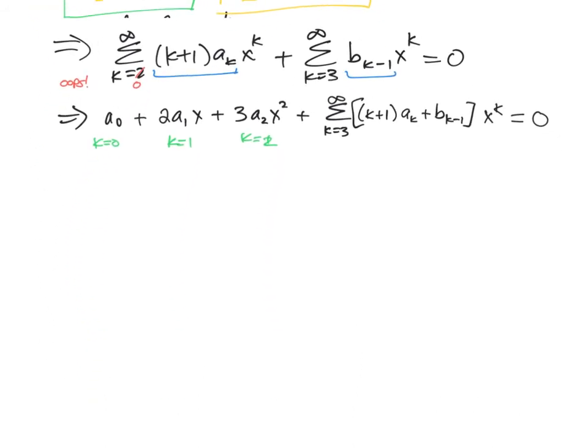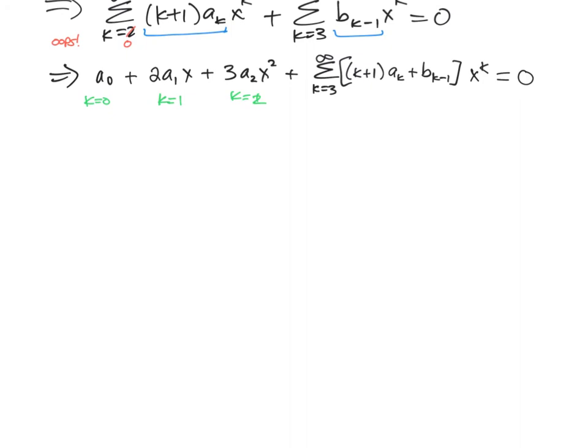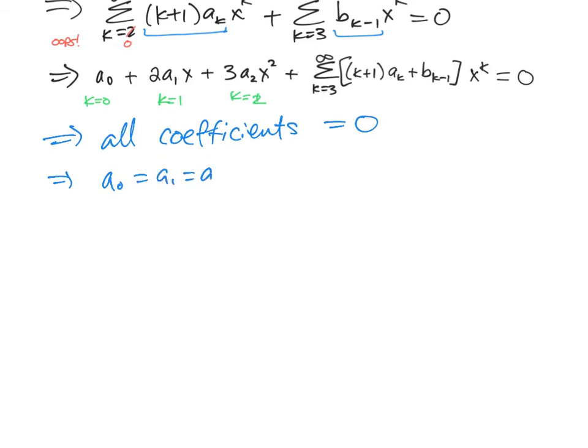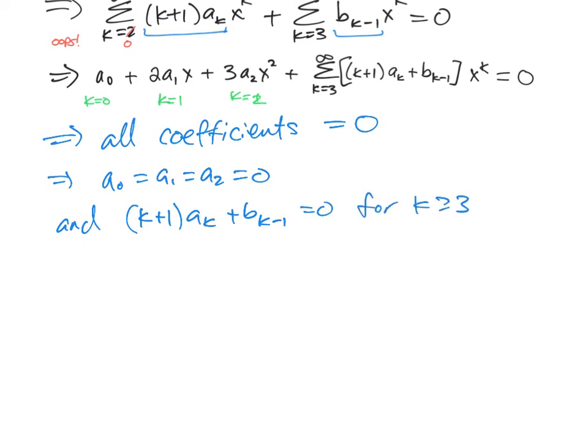From the theorem we had at the end of our last video, this implies that all the coefficients equal 0. So a_0, a_1, and a_2 have to be 0, and k plus 1 a_k plus b_{k minus 1} equals 0 for k greater than or equal to 3.